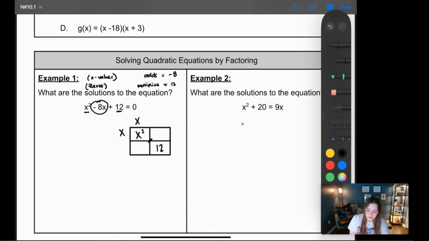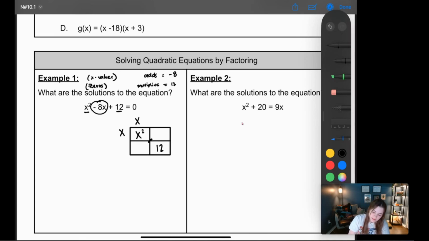So you might have to try a few different things out. Like I know that -4 and -4 will add to -8, but will it multiply to get 12? It won't, so that won't work. Let's think about something else. I know that 1 and -8 could add to -8, but would it multiply to 12? No, so let's try something else.